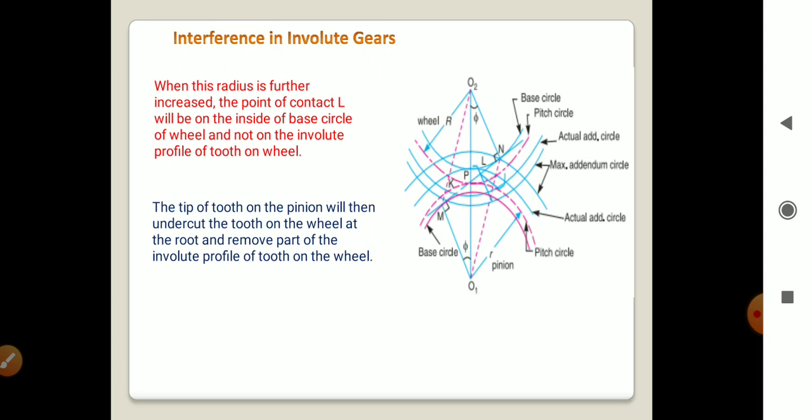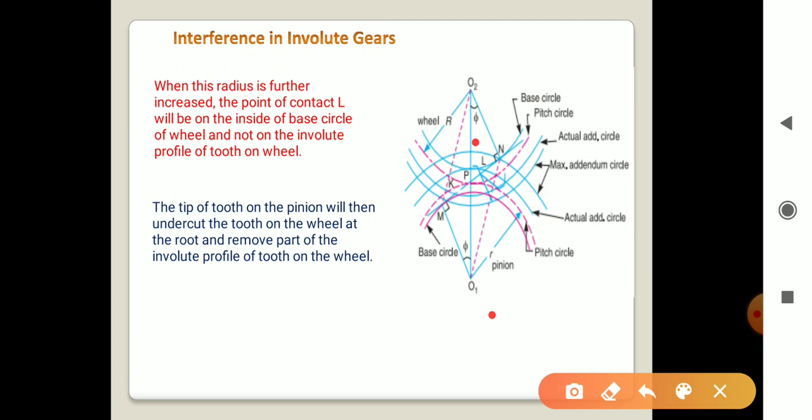So the first distance is O1 to L, up to L. Now this point L is shifted up to N, so the next distance is O1 to N. Initially KL is the path of contact. Now L is shifted to N, so the path becomes KN.